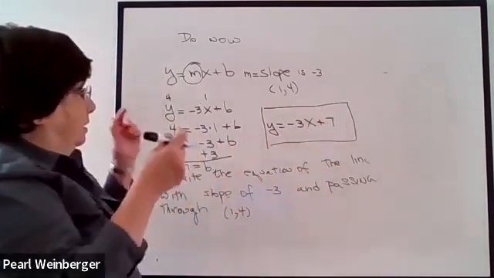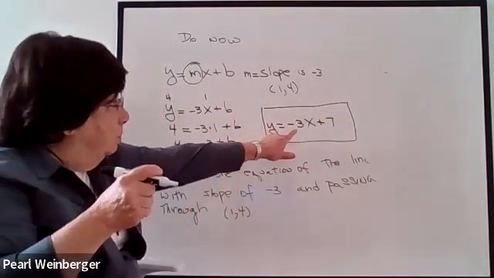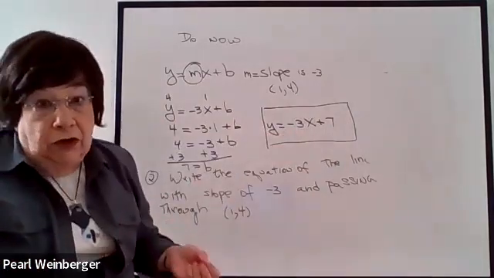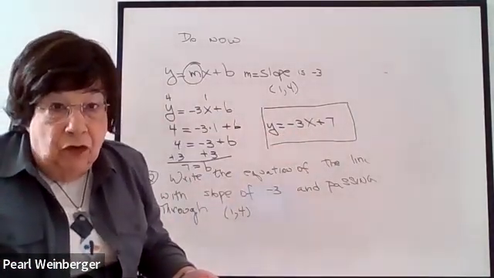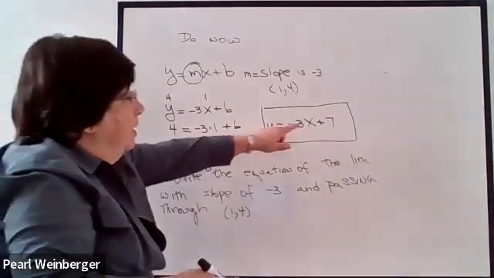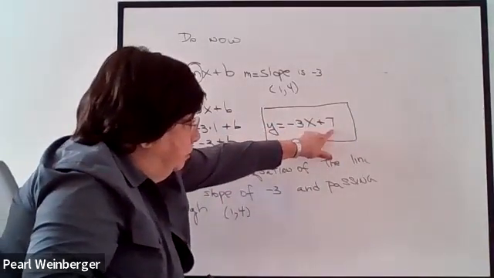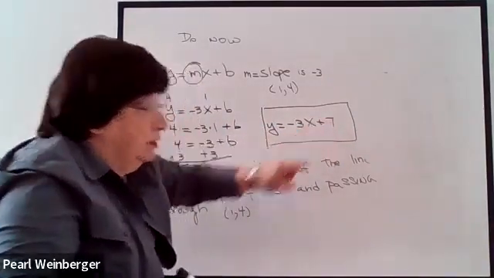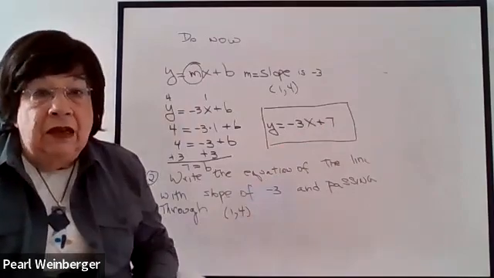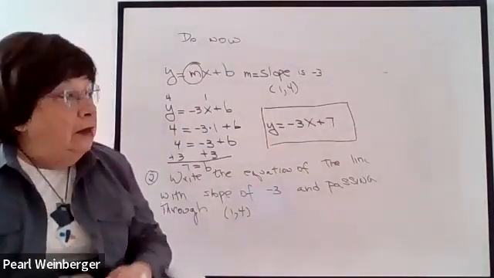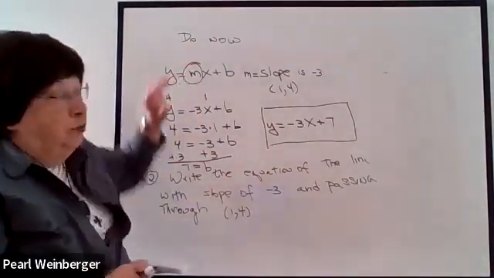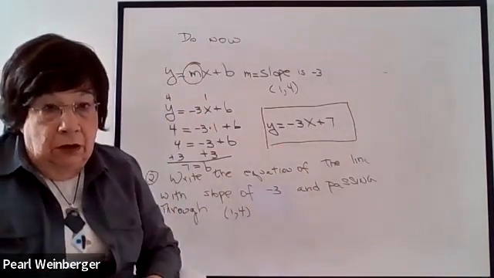Which means in this particular equation, the slope is -3, which of course we knew from before, and the y-intercept, which we didn't have from before, but now we figured out is 7. And we've gotten the equation of the line from a description of the line.